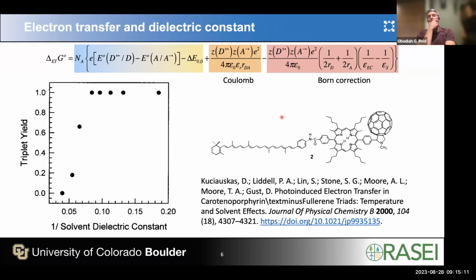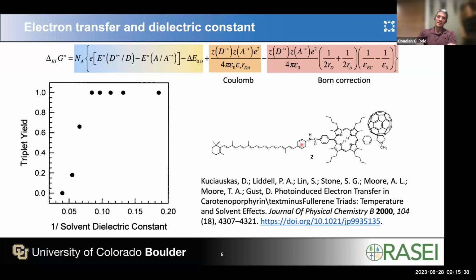Okay, so here's just an example of how profoundly these kind of dielectric effects can change the photophysical outcomes. This is a classic example, I would say, of solution phase photoinduced electron transfer research, where this molecule is designed to produce a long-lived charge-separated state.